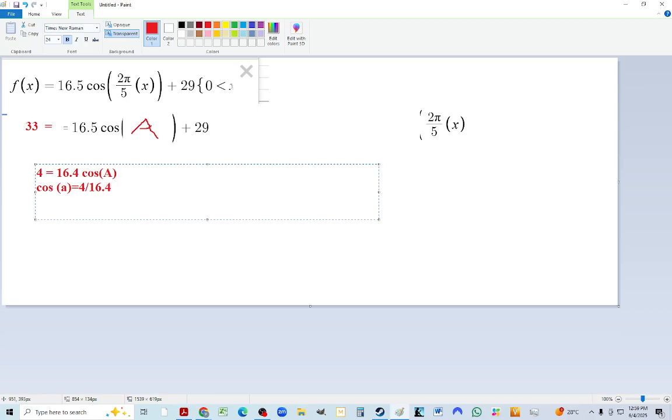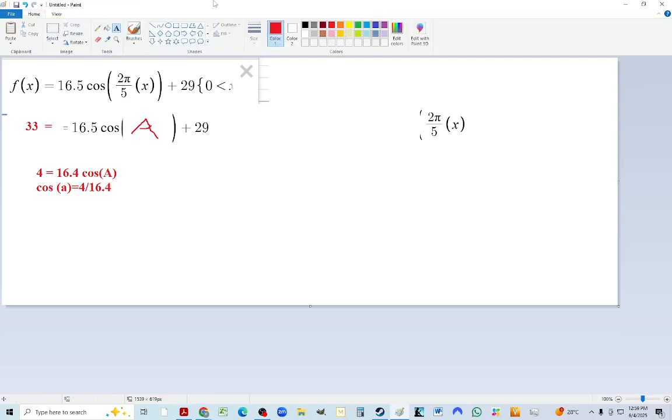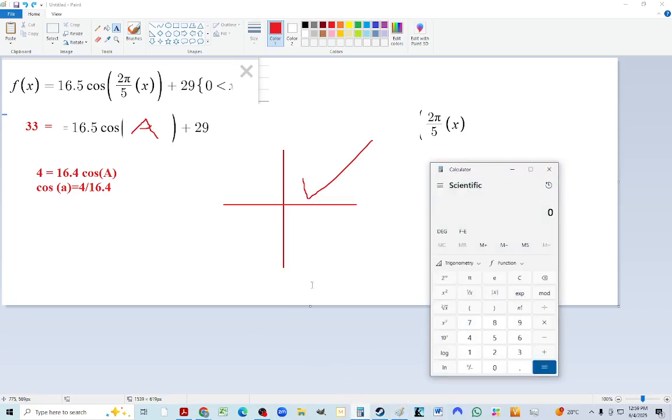Notice that I'm going to get a positive answer. This is when you have to know CAST. Cosine is positive in quadrant 1. That's what my calculator will spit out. And over in quadrant 2. Quadrant 2 is the one that's going to be tricky to find. I'm going to go to my calculator. I'm going to keep it in radians. Now, it's not going to spit out any pi's.